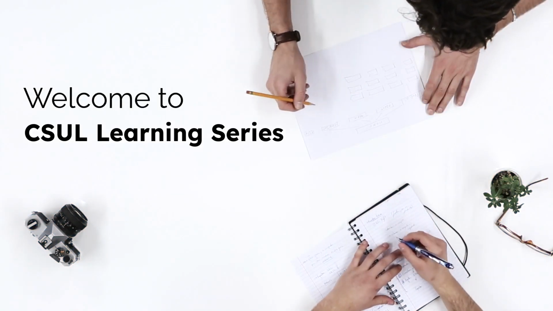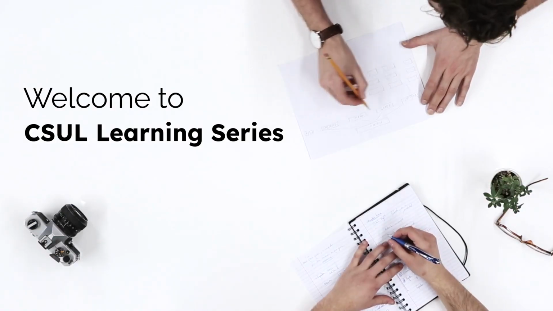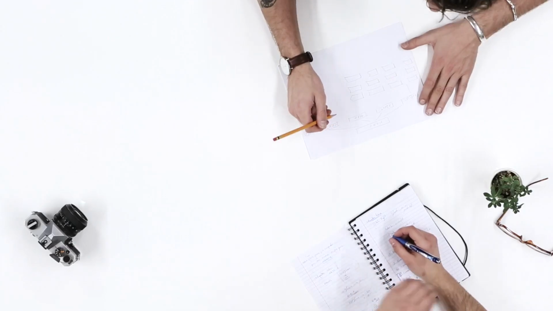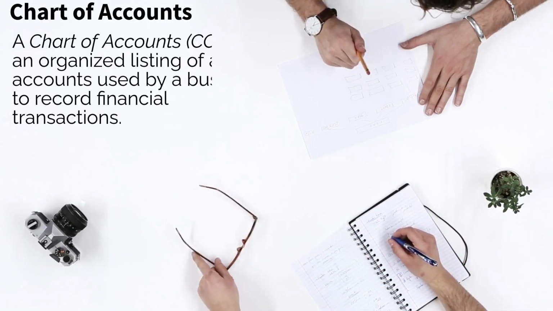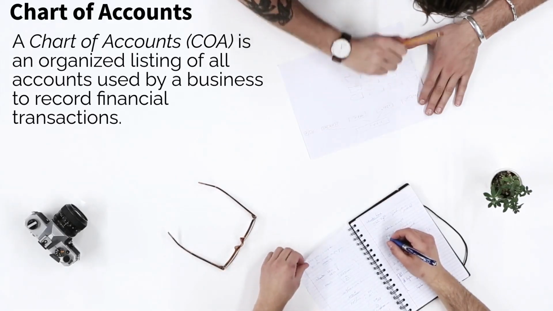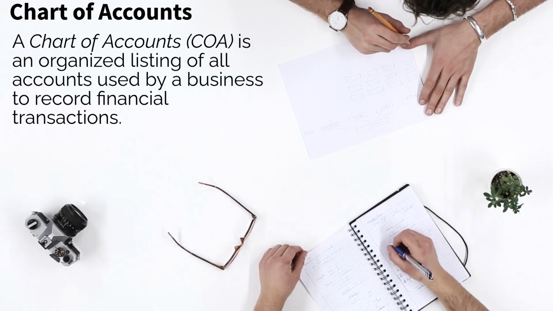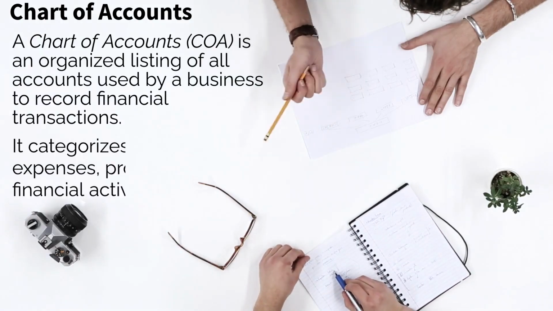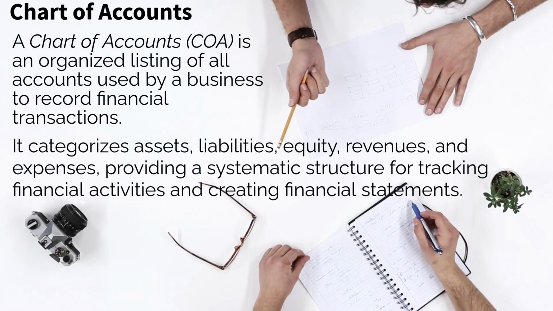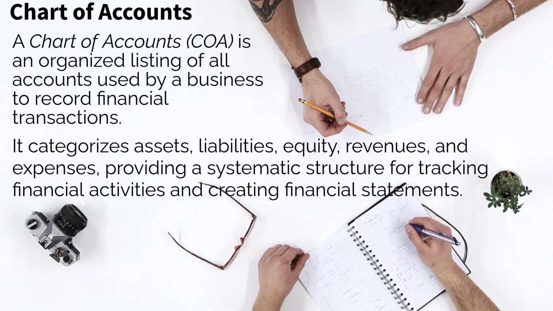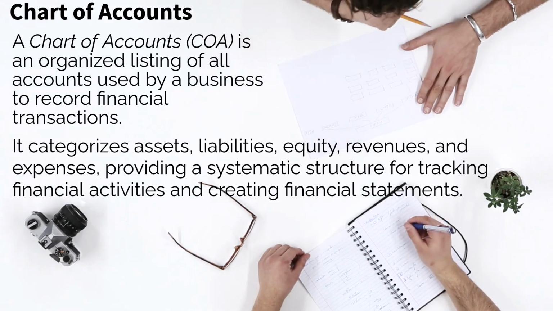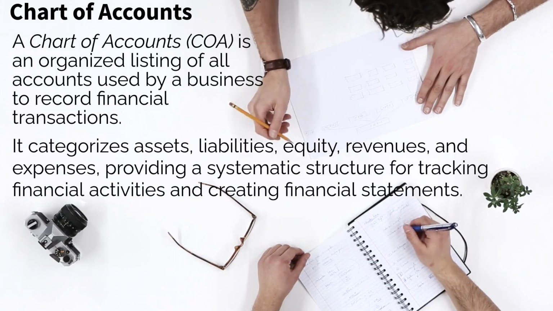Today we are going to focus on Chart of Accounts in Climax Shipping Ultimate. A chart of accounts is an organized listing of all accounts used by a business to record financial transactions. It categorizes assets, liabilities, equity, revenues, and expenses, providing a systematic structure for tracking financial activities and creating financial statements.